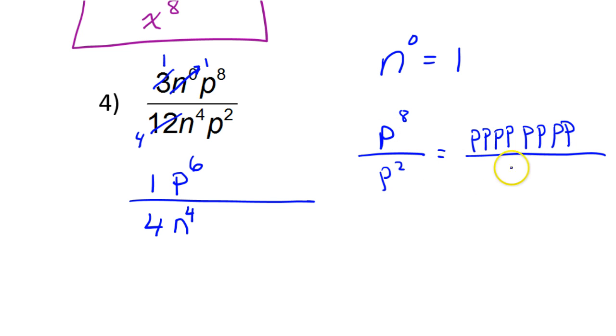That's p to the 8th power over p squared, just p times p. So what's really happening is these two p's in the denominator are canceling out two of the p's in the numerator. All right, that leaves behind 6 p's. So that's why it's p to the 6th power.